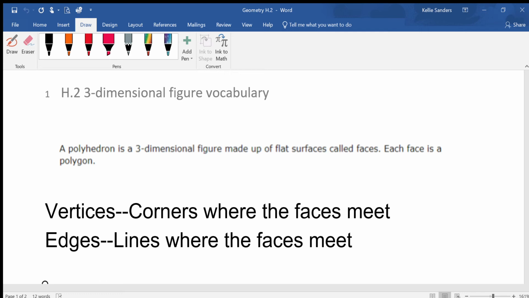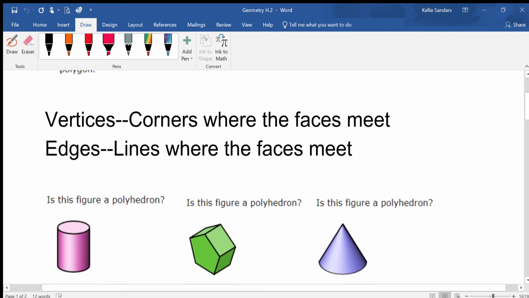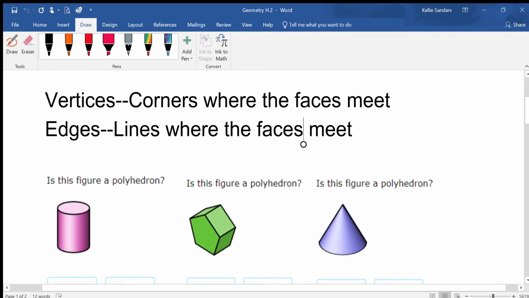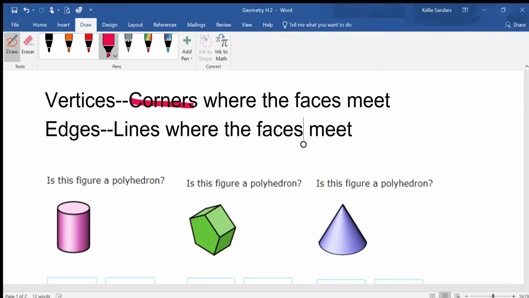So every side of a polyhedron is one form of a polygon. And then we have vertices, which are always the corners, and edges that are the lines where the faces meet. So we have faces, vertices, and edges.